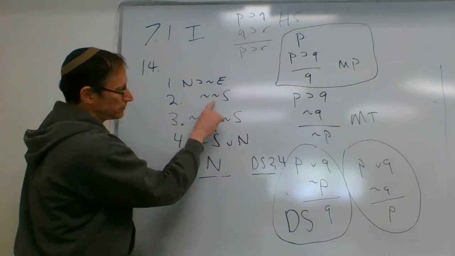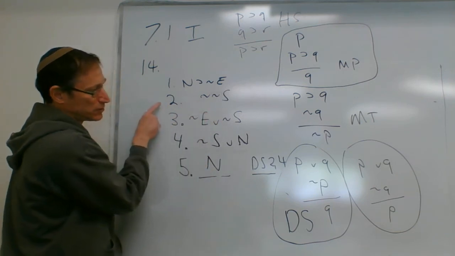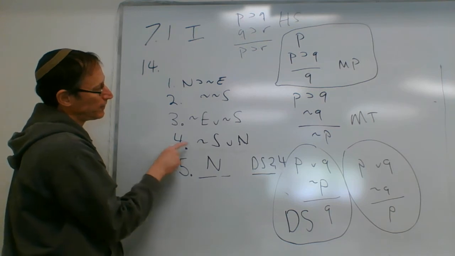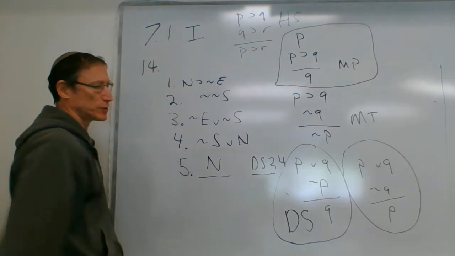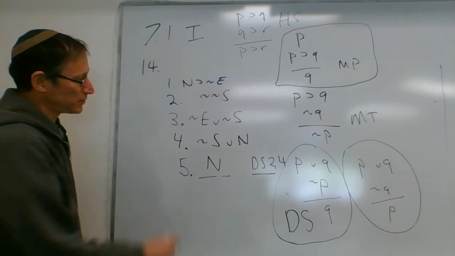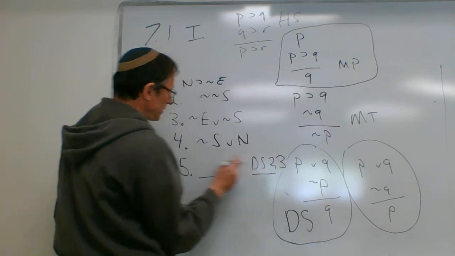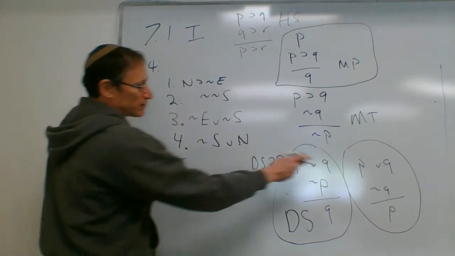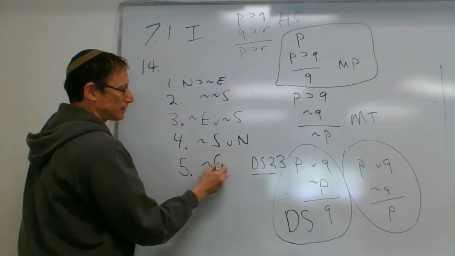This is the way the book would have you do it. Do disjunctive syllogism on 2 and 4, and you have the negation of the left-hand side, you infer the right-hand side. This is what the book wants you to come up with. What I was saying was that if you do disjunctive syllogism on 2 and 3, that would be this version of disjunctive syllogism, then you would get not E.